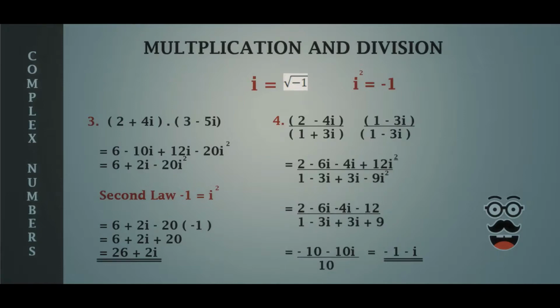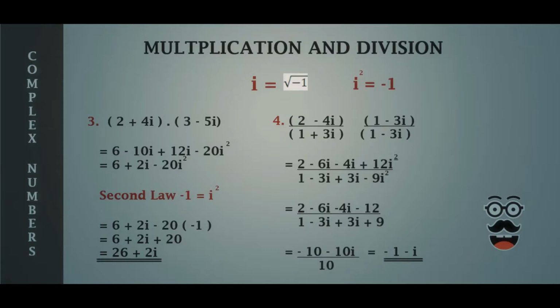Okay, let's go to example 4. 2 minus 4i divided by 1 plus 3i. When we solve this, we multiply both top and bottom by 1 minus 3i. Okay, I'll tell you again.